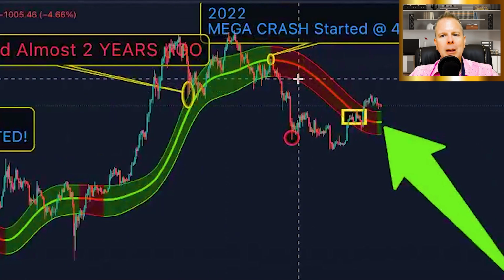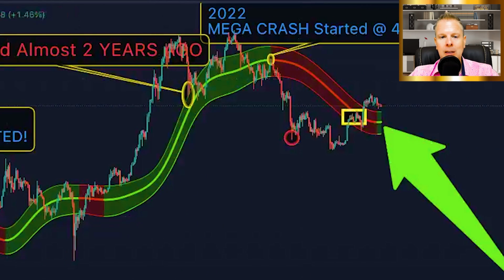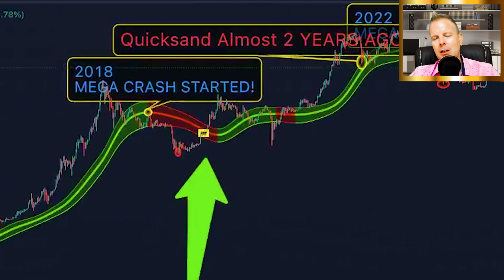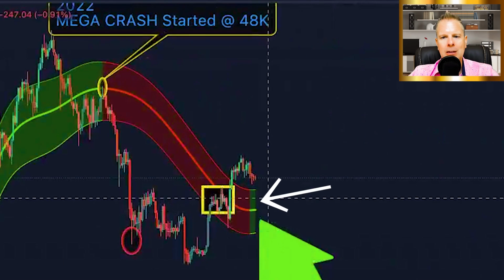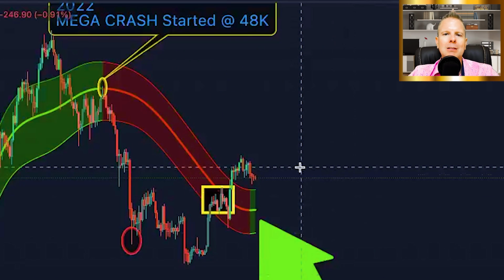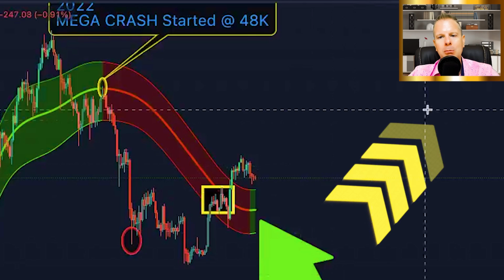Now, we're going to compare where we are currently, and we're going to understand which market cycle we are more closely related to. But more importantly, does this green that we just flashed mean that there's going to be the next 500 days of Bitcoin being green?